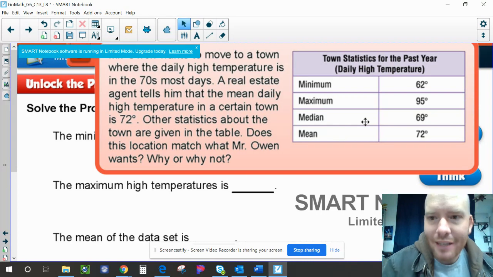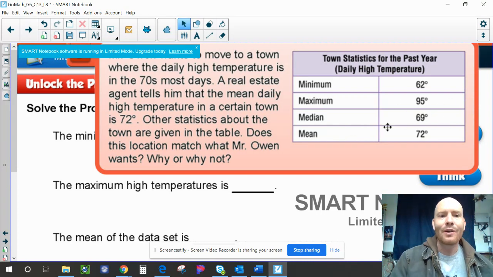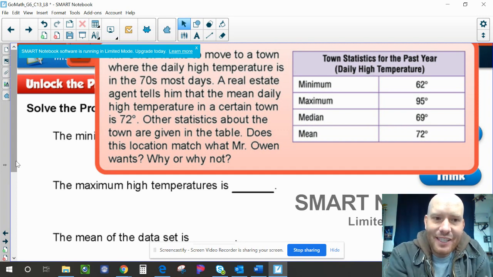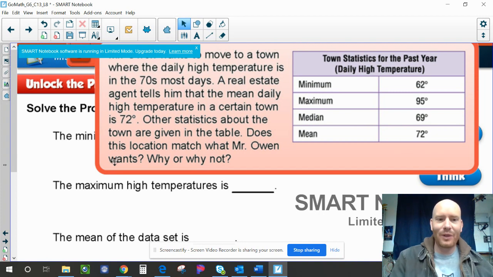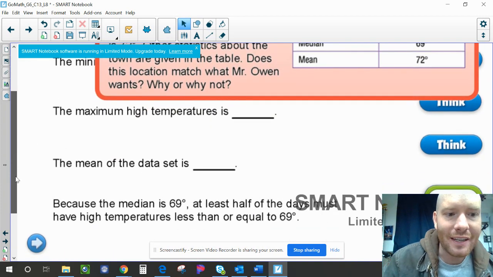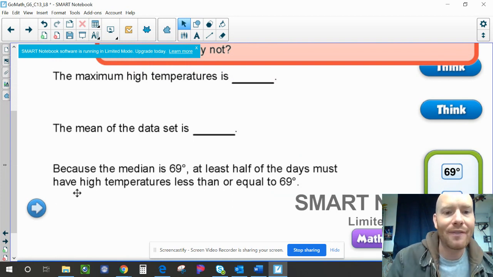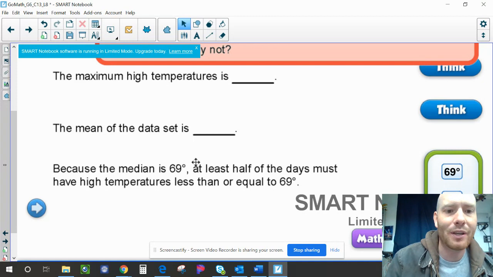So since the median is less than 70 degrees, we know that this is not what he wants. This realtor is being misleading about the statistics, saying this is really what it is, when in fact it's not, because our median is 69. At least half of the days must have temperatures less than or equal to 69 degrees, because remember, the median is our middle number.